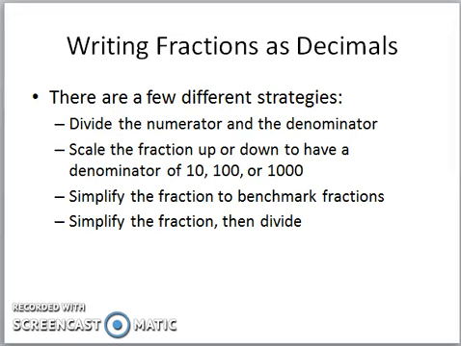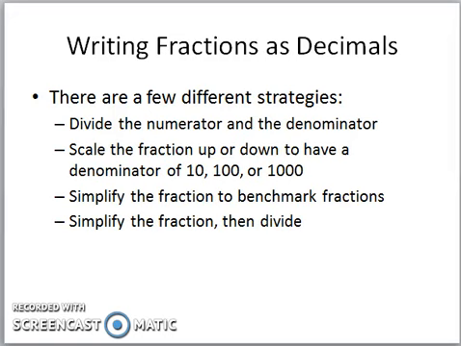Another strategy we can use is to simplify the fraction to benchmark fractions. For example, 6/12. If we wanted to write 6/12 as a decimal, we wouldn't want to divide, because that would be silly, because we know that 6/12 is 1/2, and then we know that 1/2 is going to be 0.5 or 0.50.